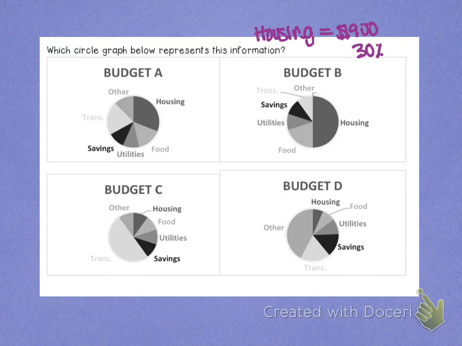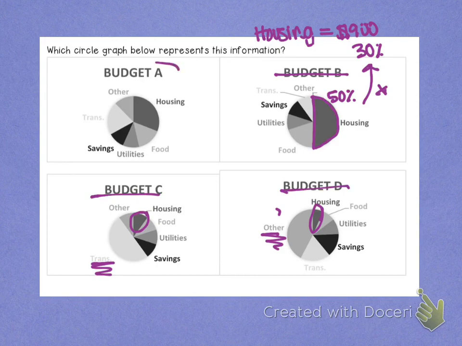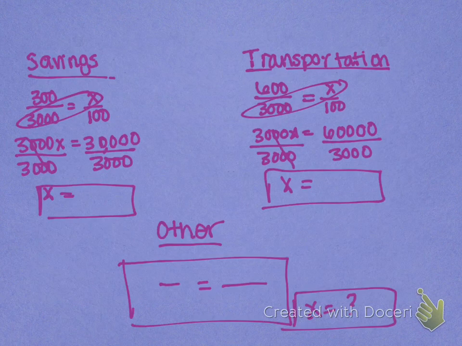So if we look at B right here, that is 50% of the circle. Is housing 50% of the circle? No, therefore B is not it. Housing is the most. Here it has that transportation is the most. Housing is the most, and here it has that other is the most. So those are not correct, and your answer is budget A. So again, you have these things to finish, and then we will check tomorrow in class.